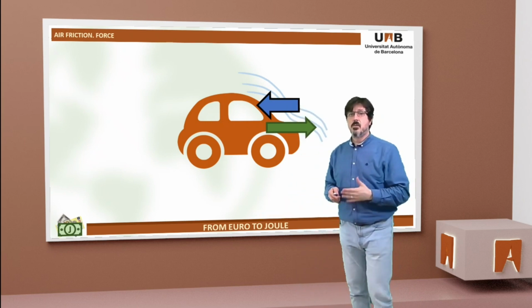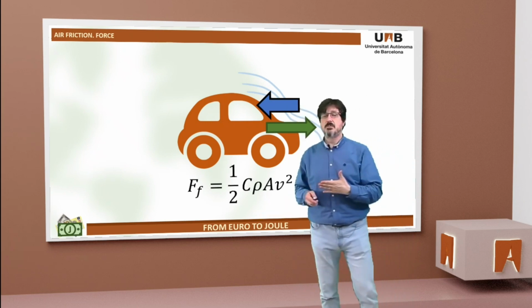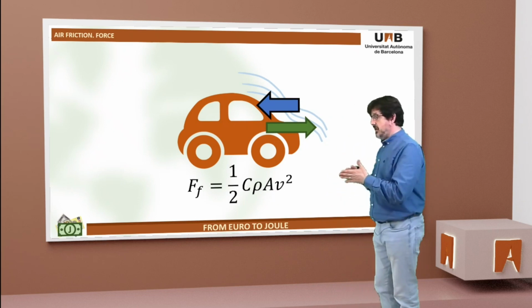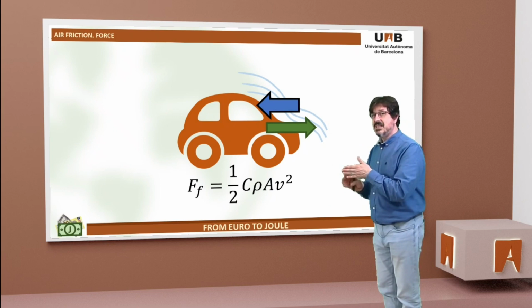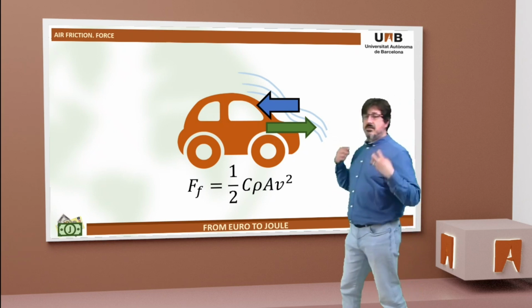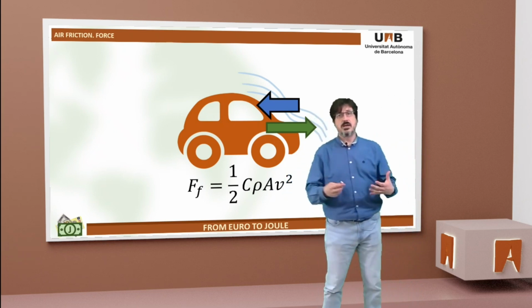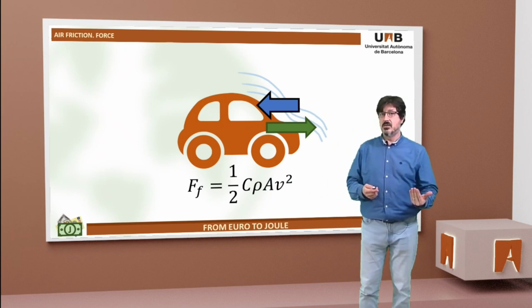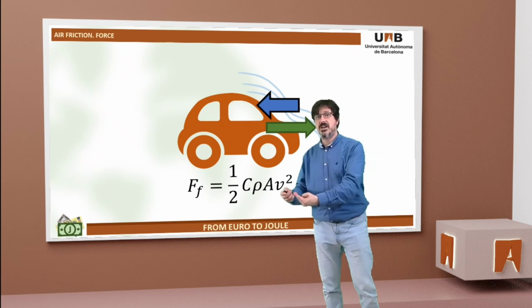And when we go at constant speed, for example on the highway, the only force that we are applying is this one. Once again, remember that Newton's law tells us that the total force on an object is the mass times the acceleration.